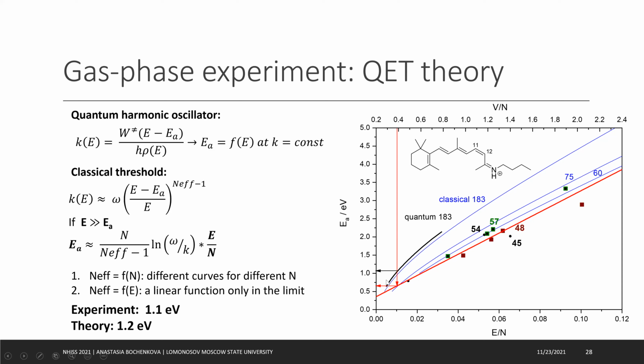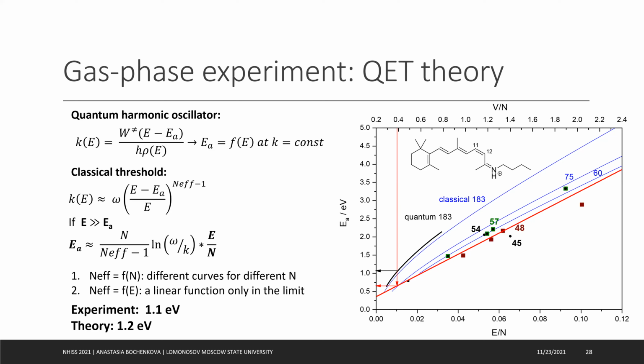So when we use the curve calculated by us, we actually get the experimental energy barrier for the ground state isomerization, which is close to 1.1 eV, and this is very close to our theoretical predictions. The red curve here is the empirical linear dependence, which at this particular voltage gave us only 0.6 eV, and with the corrected curve, we get the activation energy of 1.1 eV.